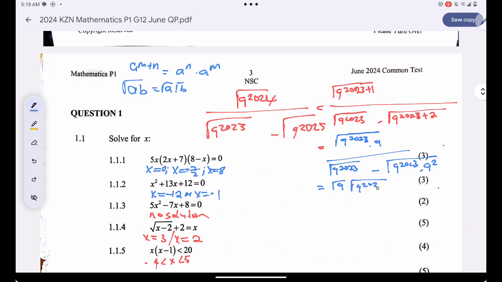9 to the power 2023 all over 9 to the power 2023 minus 9 squared and 9 to the power 2023.